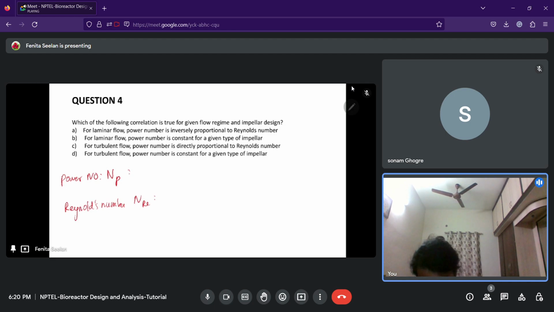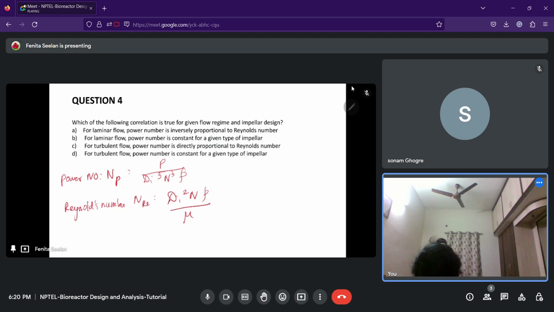So what is power number? Power number is P divided by rho N cubed D to the fifth, with D the impeller diameter. So the options are: for laminar flow, the power number is inversely proportional to Reynolds number.